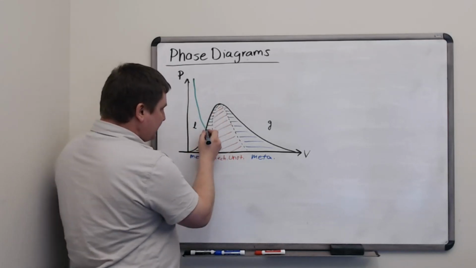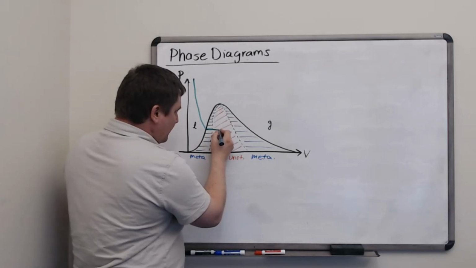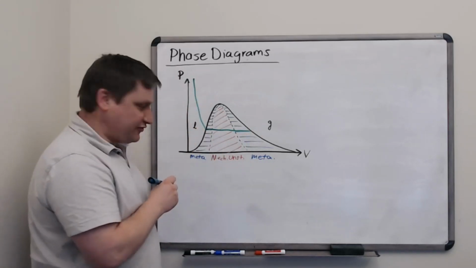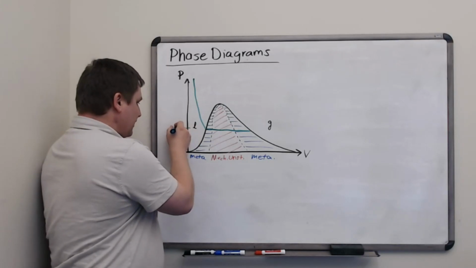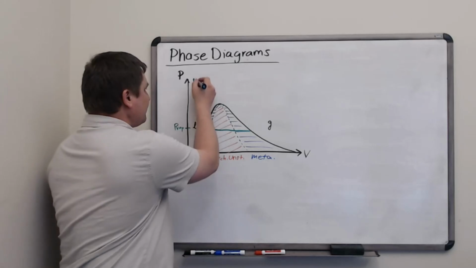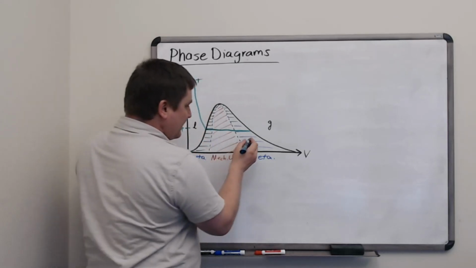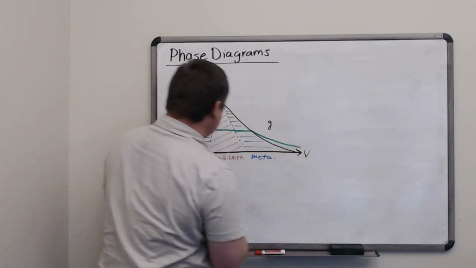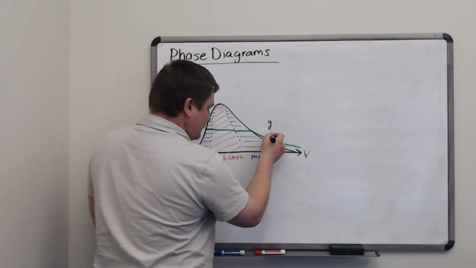Once it gets to the mixture region, we transition across the mixture at some constant pressure, which is called the vapor pressure for that temperature isotherm. And then once we get to the gas region, we go out into the pure gas region. So that's what an isotherm looks like.